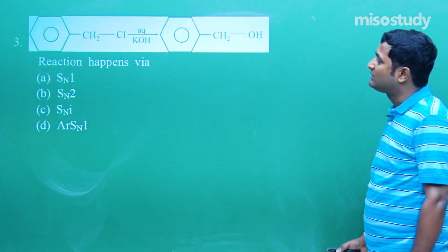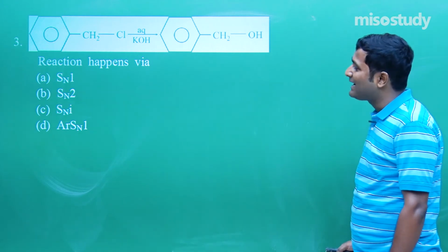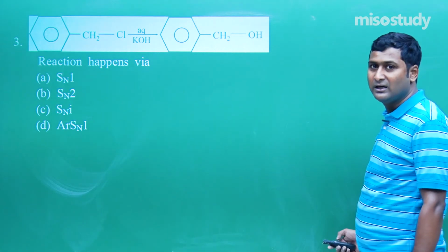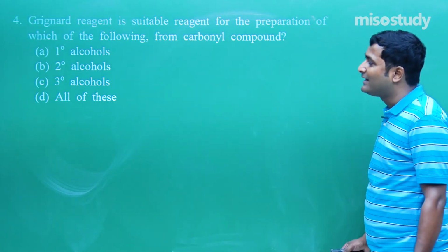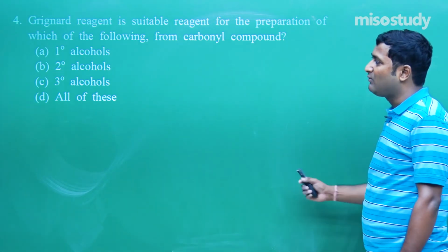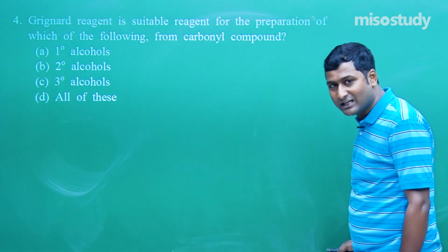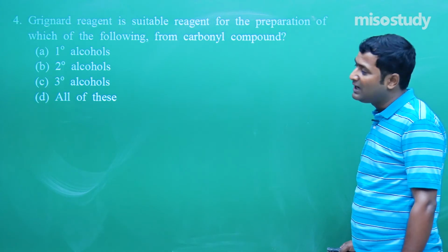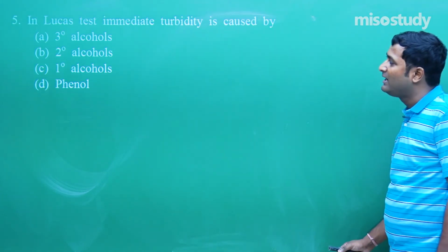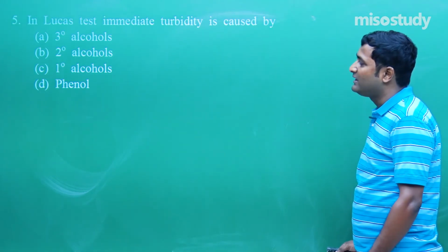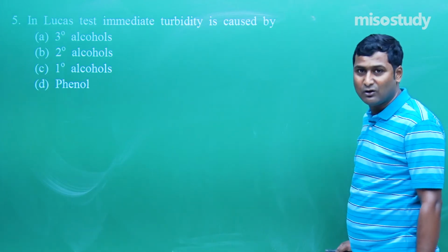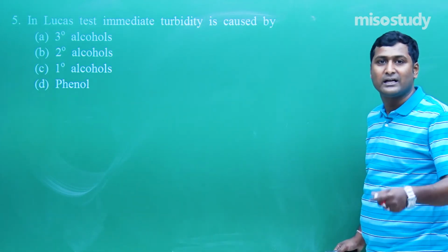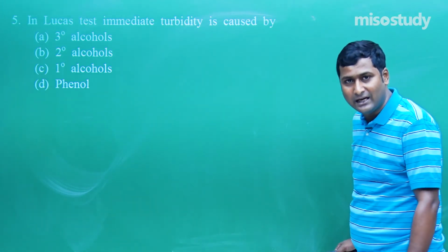For question number 3, that is SN1 mechanism, A option. For question number 4, Grignard reagent is very simple, 1 degree, 2 degree and 3 degree, all cases possible, that is D. For question number 5, in Lucas test, the immediate turbidity is in case of 3 degree alcohol, because 3 degree carbocation is more stable than 2 degree and 1 degree.